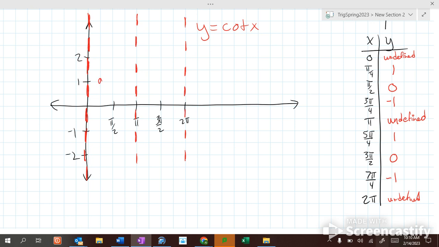So pi over 4, 1 is a point. Pi over 2, 0 is a point. 3 pi over 4, negative 1 is a point.